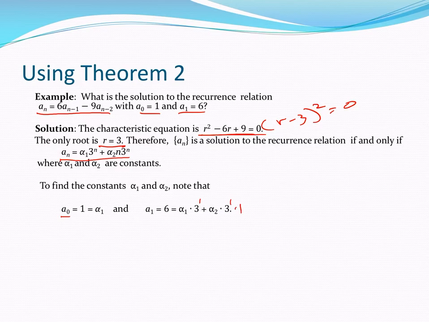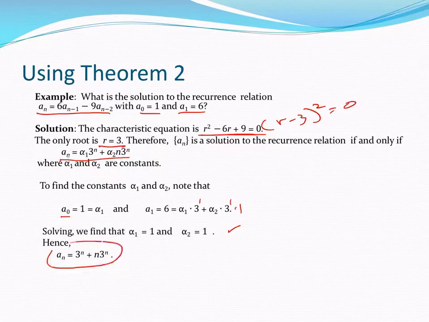So alpha 1 times 3 plus alpha 2 times 3 is 6. Alpha 1 is 1. So alpha 2 will have to be 1, so that 3 plus 3 is 6. And so my solution is 3 to the n plus n 3 to the n.